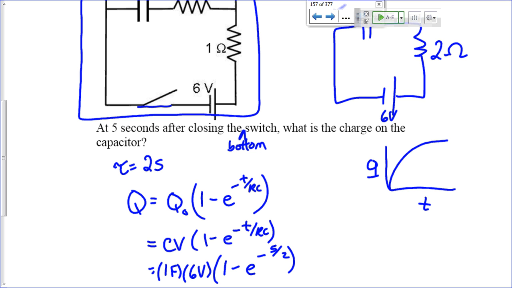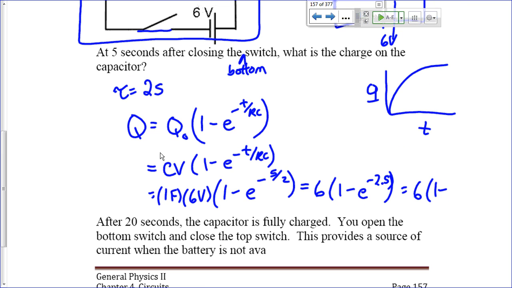I have the wrong answer in my notes. Can y'all tell me what this number is? That's 6 times something. What's e to the minus 5 over 2? That is e to the minus 2.5. What's e to the minus 2.5?